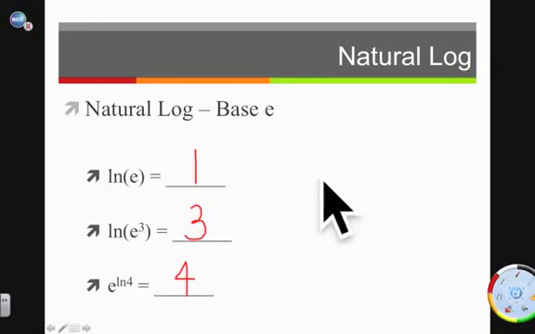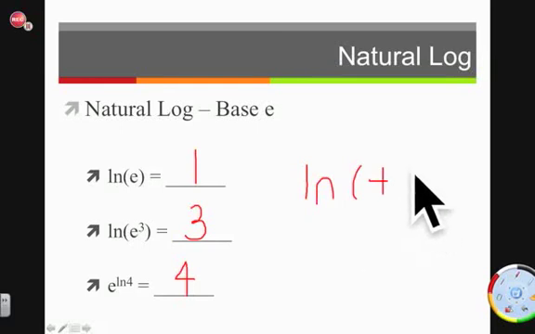If you want to plug something in your calculator just to see what natural log does, you can try to plug in maybe the natural log of 4. See what that comes out to. So you take the natural log of 4 and figure out what that is on your calculator, so you can kind of use the button.